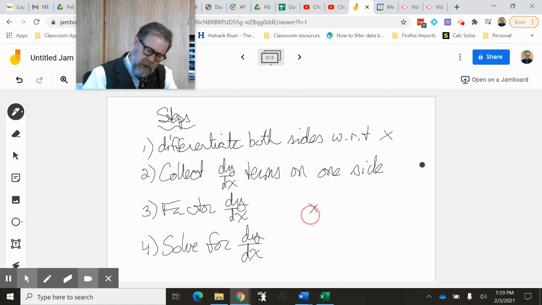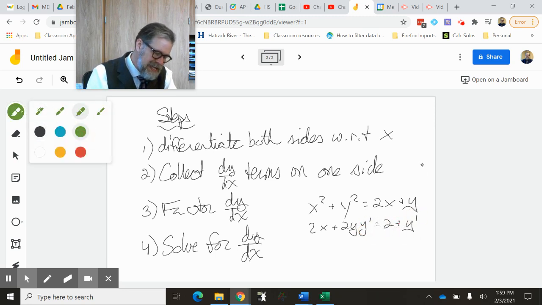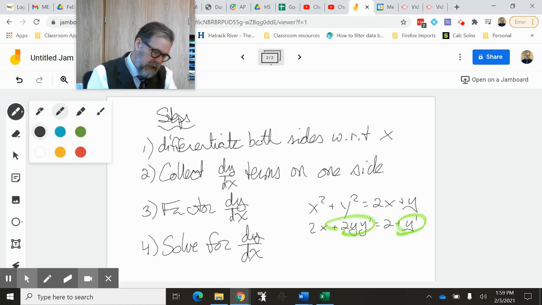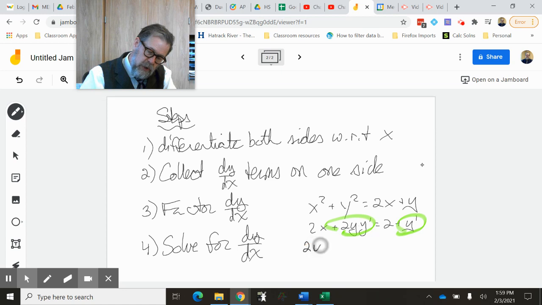Quick example, x squared plus y squared equals 2x plus y. Differentiating, 2x plus 2y y prime equals 2 plus y prime. We're going to collect these terms on one side and put everything else on the other. So we've got 2y y prime minus y prime equals 2 minus 2x.